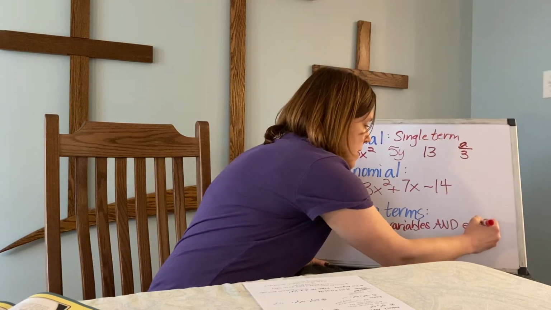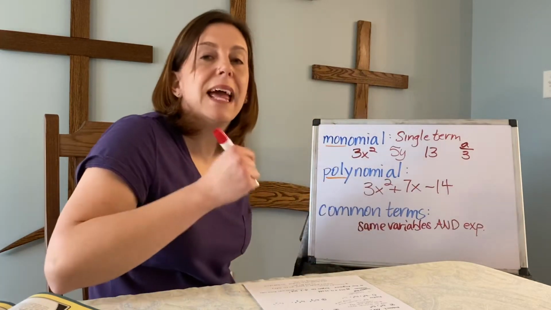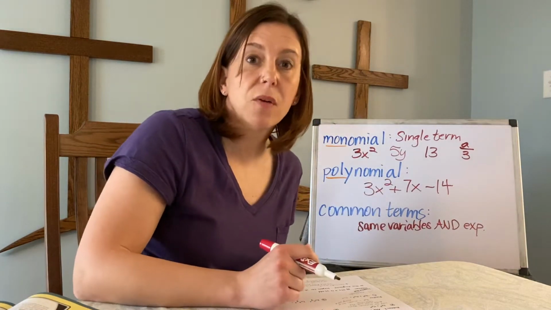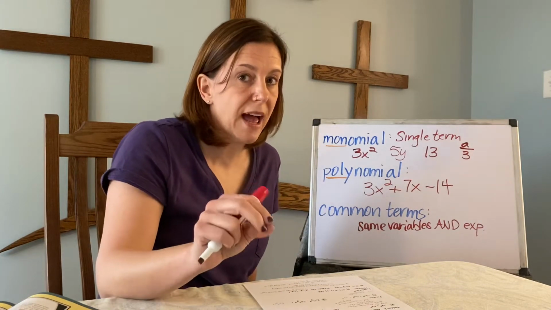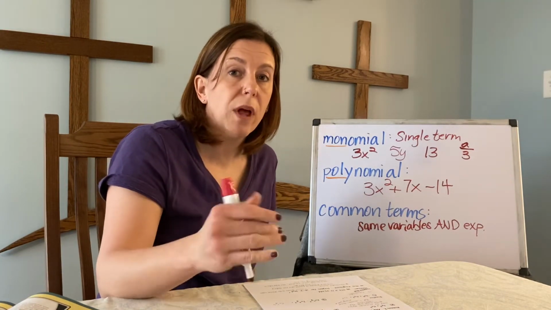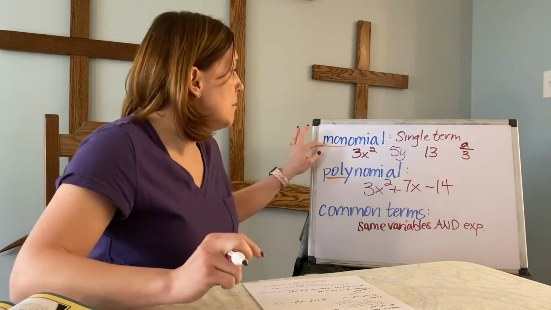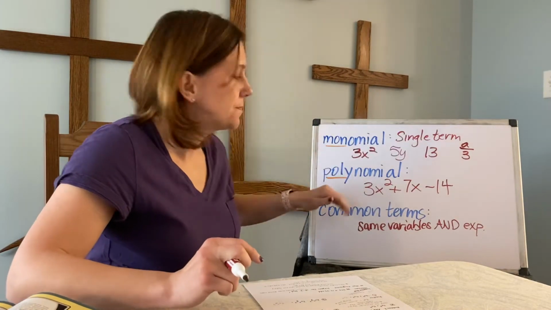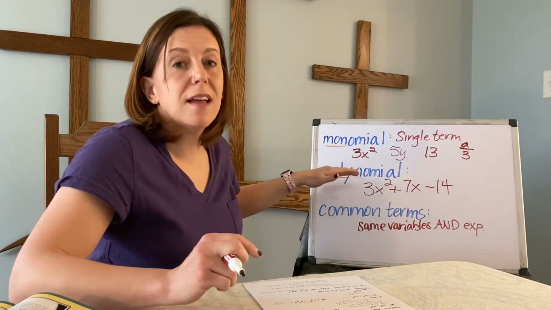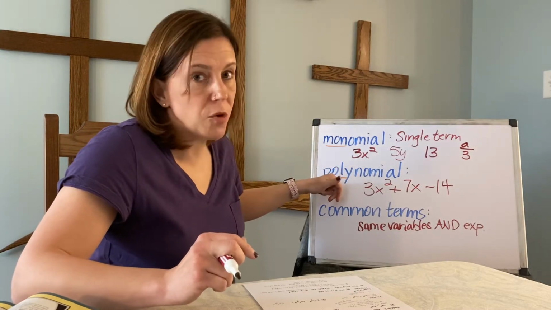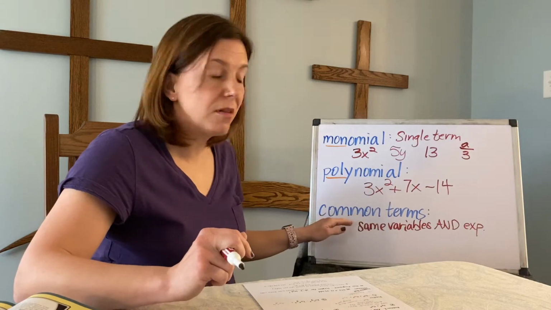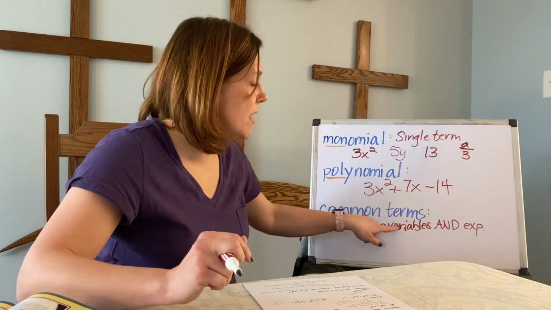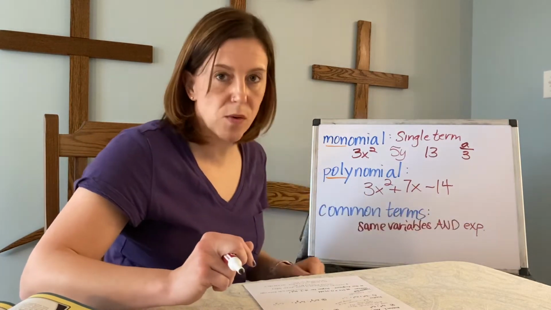I'm going to abbreviate there: same variables and exponents. You're going to see as we move through our lesson that that is very important knowledge to have as we learn to work with monomials. Okay, monomial is a single term. Polynomial is two or more monomials together with addition and subtraction. Common terms, we know that we have the same variables and exponents.